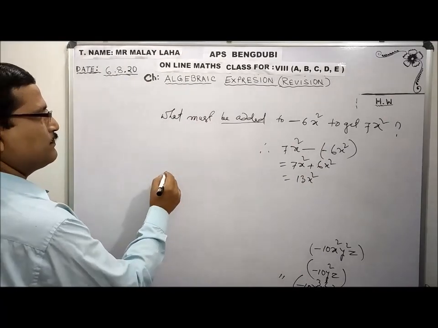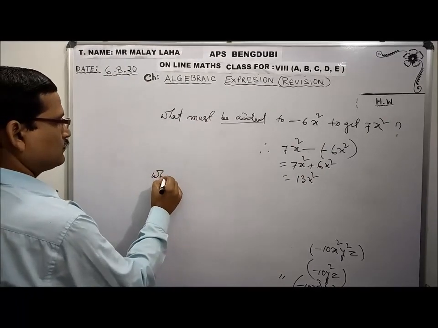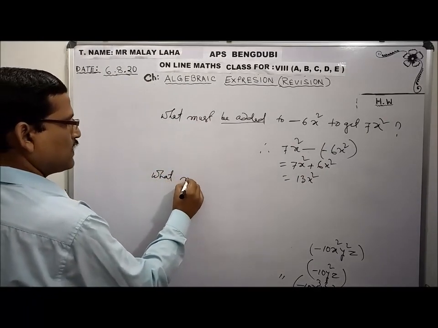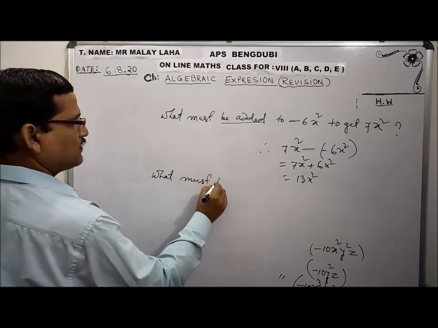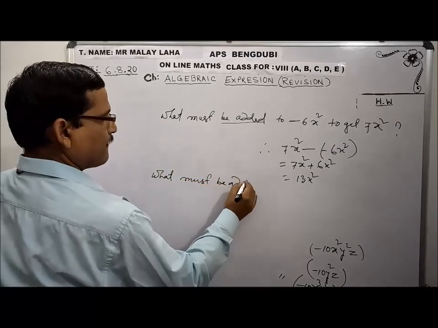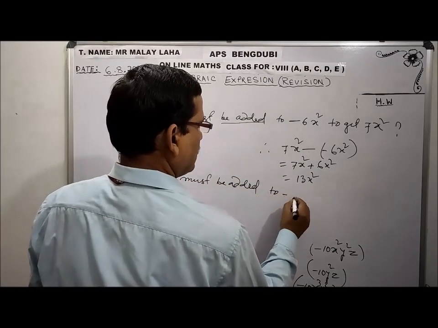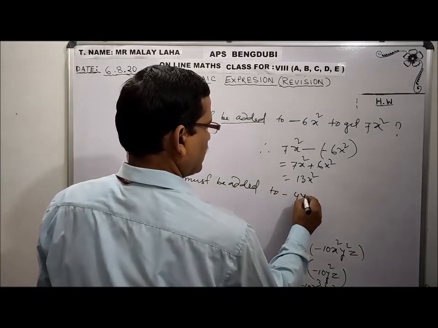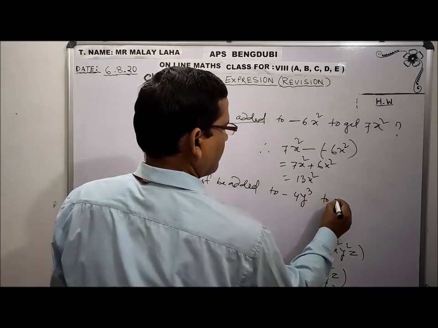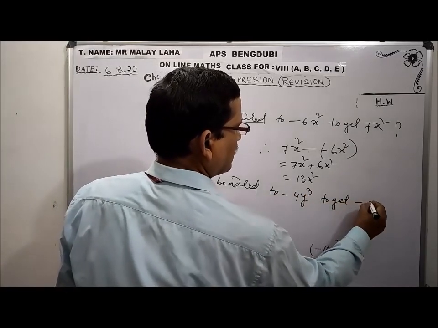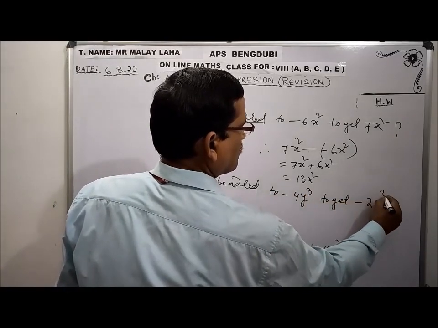So what must be added to minus 4y cube to get minus 2y cube?